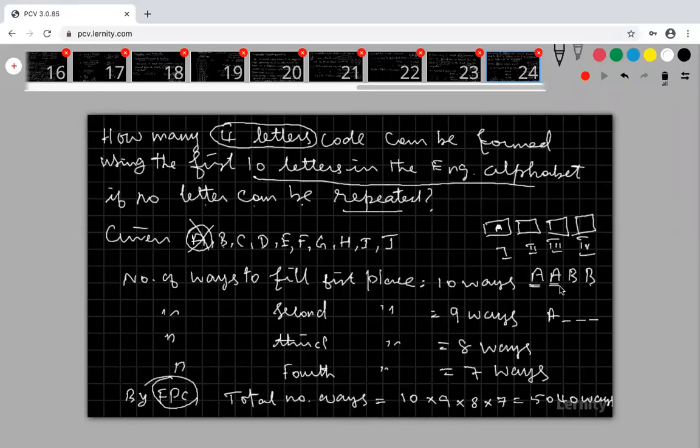From these 9, I can fill my second letter with B or C or any. If I fill B, that letter is also reduced, remaining 8 only. From these 8 letters, I fill the third place. Suppose I fill C here, I will delete this C. From the 7 letters, I will fill one letter in the fourth place. So that is 7 ways. I can fill D, E, F, anyone. That is 7 ways. Harikesh, are you okay?